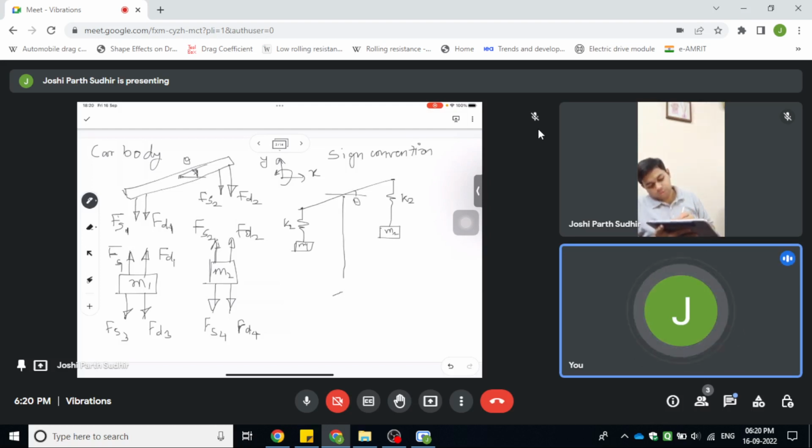So the center of mass, its coordinate is given by x3 and this is given by x2. So basically these distances are given as L1 and L2.